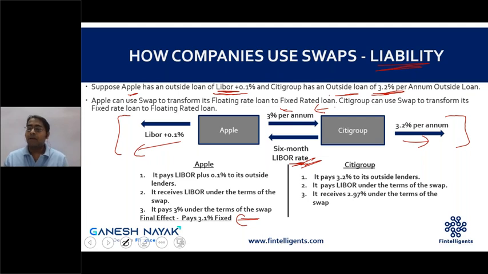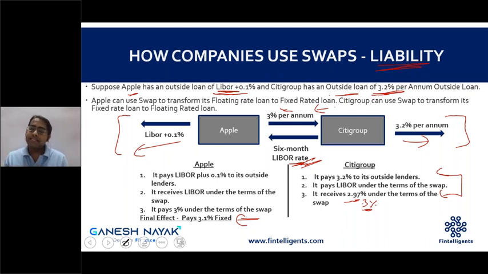If I combine all of the 3, if I look at the first and the third point, do you realize that Citigroup is paying 3.2% outside and receiving 3%? That means on a net basis, it is actually paying only 0.2% per annum.